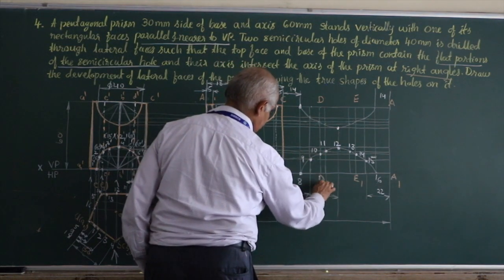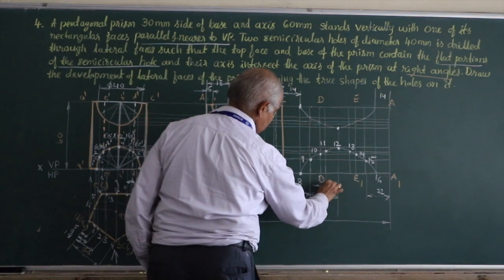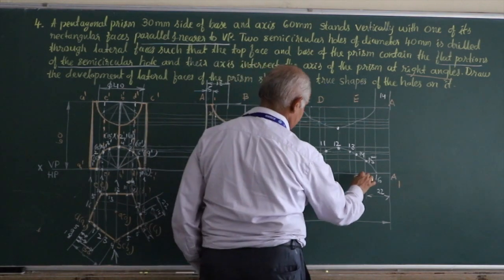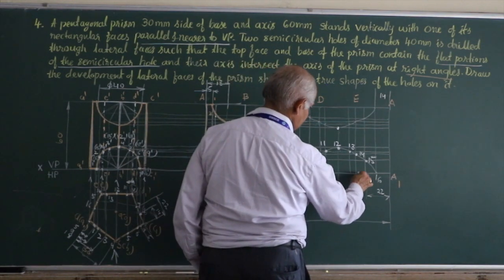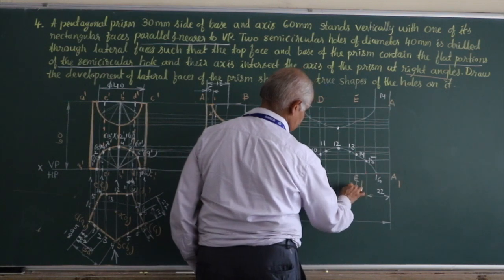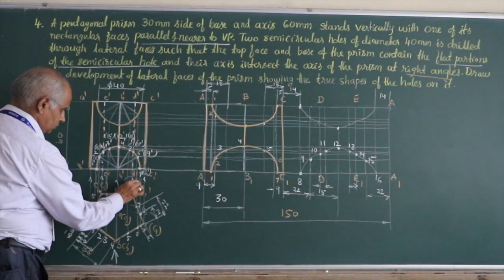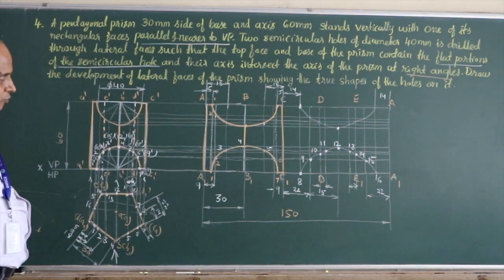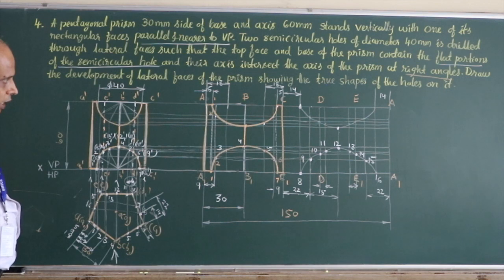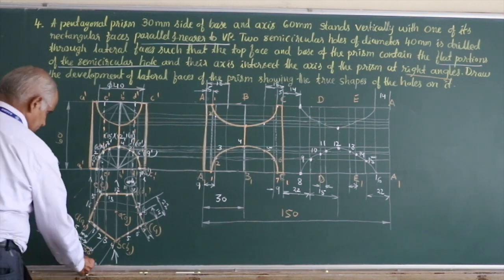So measure this distance, mark it here as well as mark it here. Whatever the value is here, that value has to be marked there. Therefore, you have located all the points 8 to 16.